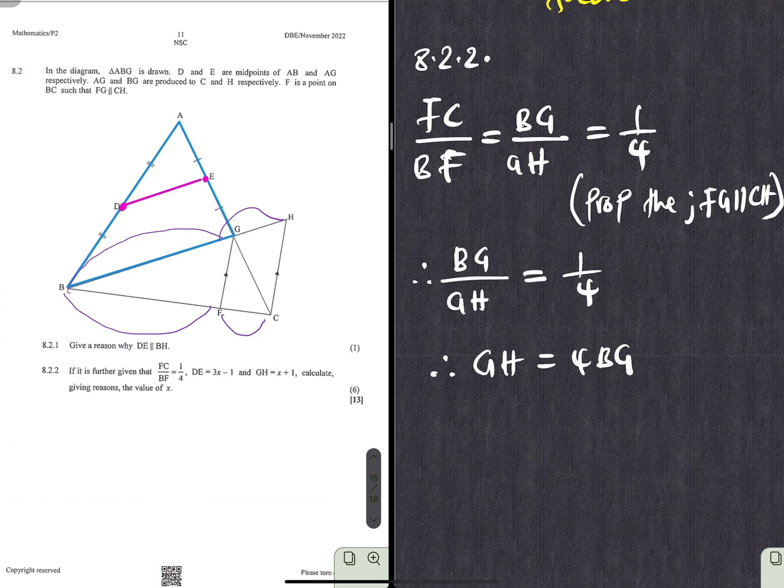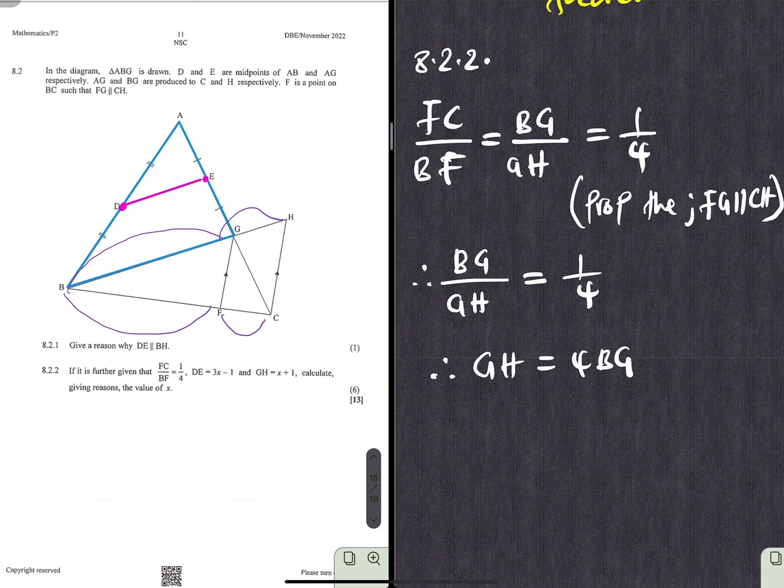I think somewhere there it should have been the other way around. I'm having FC, so this means I must have GH here over BG. It must really be in that order. So here I'm going to have GH over BG.